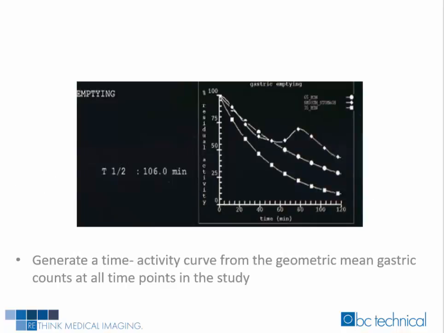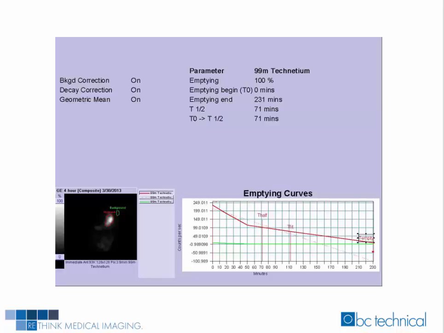Time activity curves are generated from the geometric mean gastric counts at all time points in this study. This is an example of a 4-hour gastric emptying study calculated from the geometric mean.